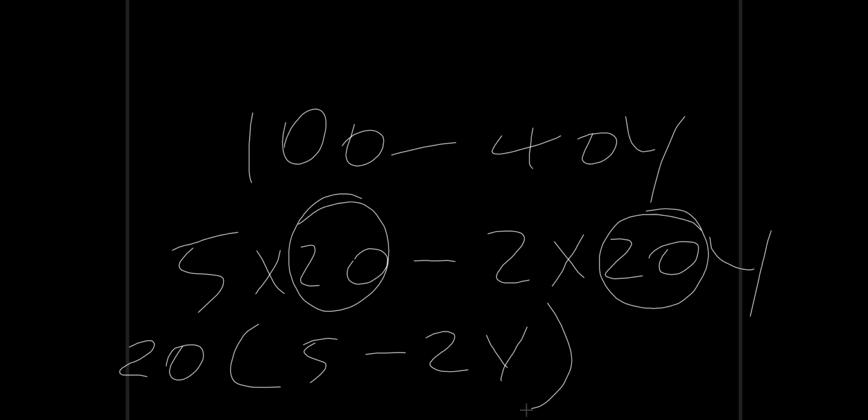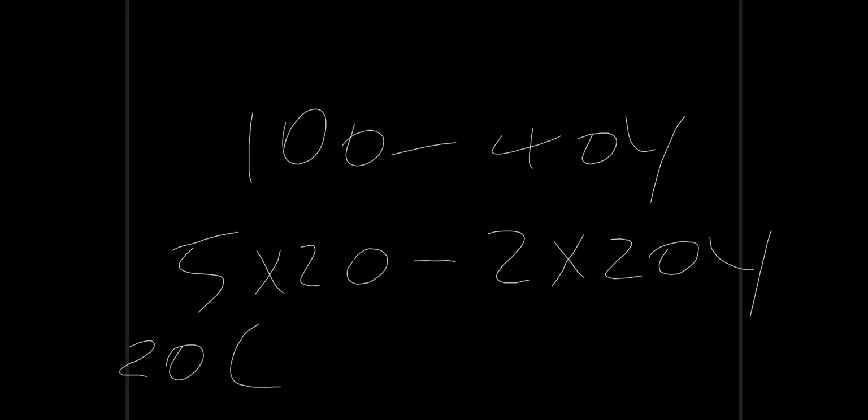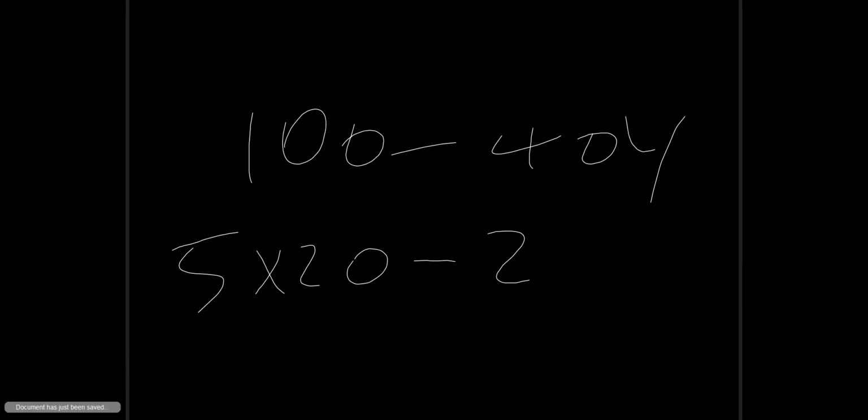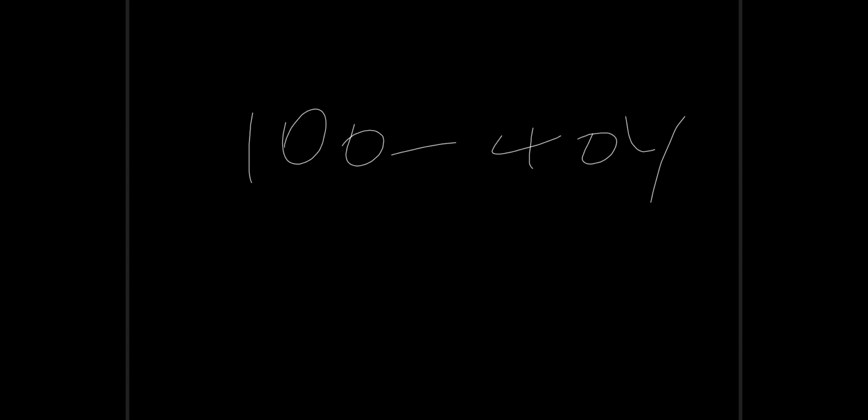And so if we were to multiply the 20 by each term, we'll get back 100 minus 40y. And so that's basically the same, factorizing by the highest common factor.